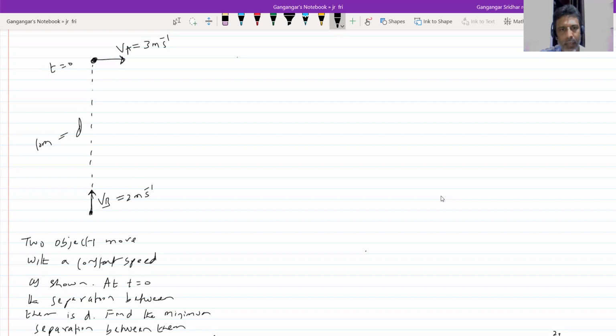So now, after 1 second, at t equals 0 it is here, no? After 1 second, this is A0, B0, I'll write it. I'll just give the numbers. A0, B0. A1 will be here, B1.